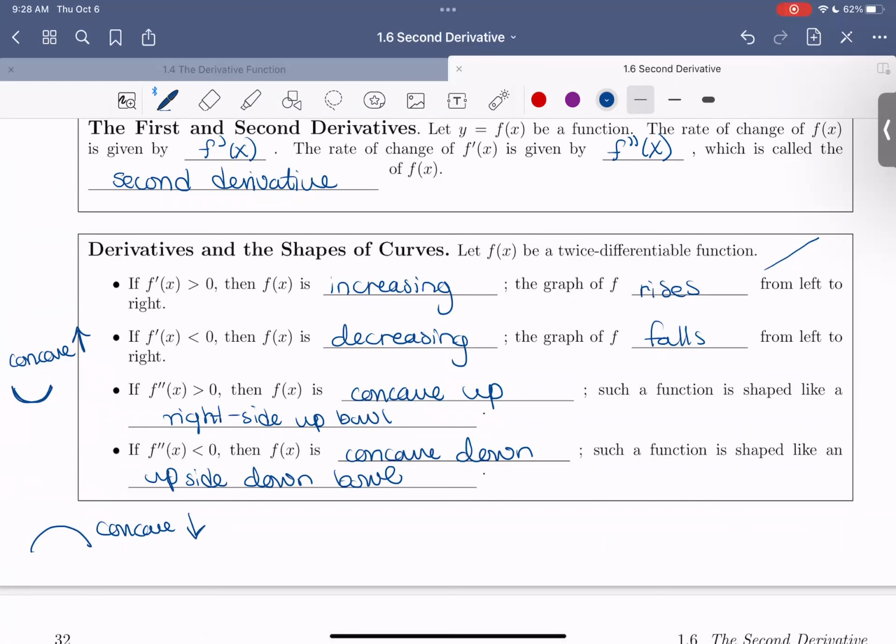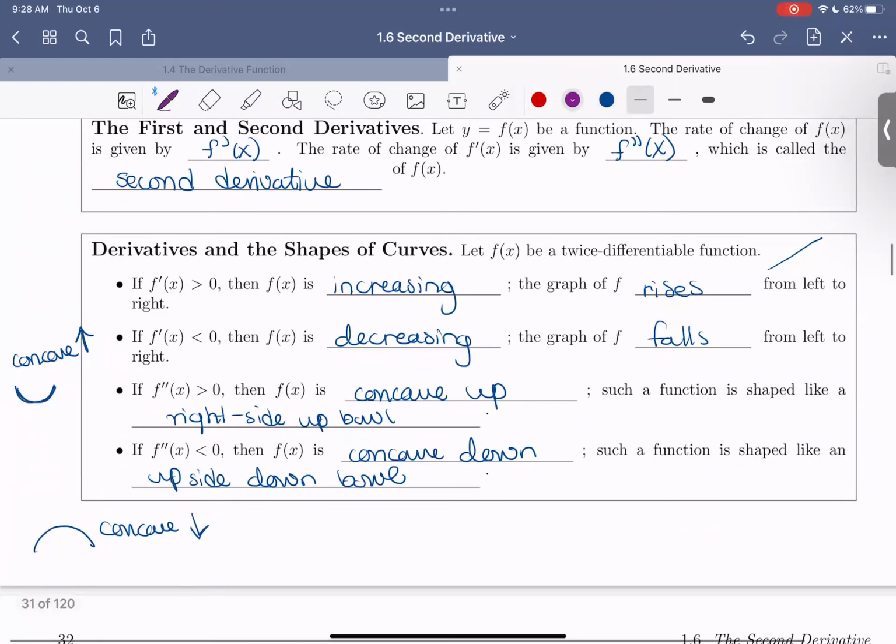Some people use cute little cartoons to help them remember the sign of the second derivative and whether or not it's concave up or down. The little visual looks like the following.